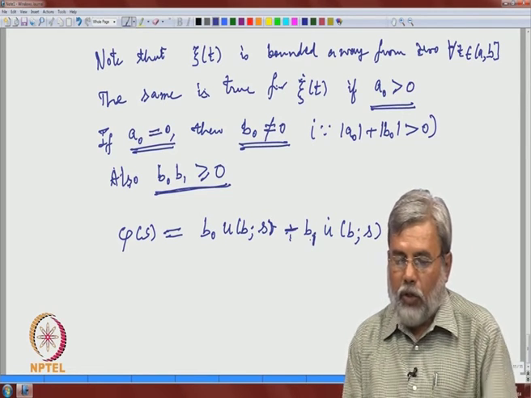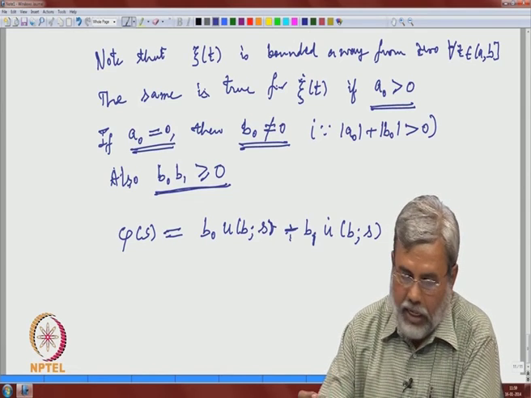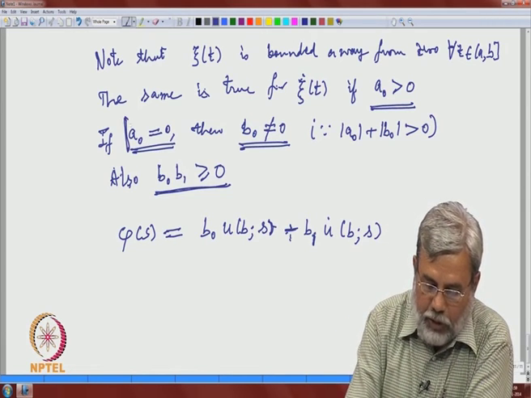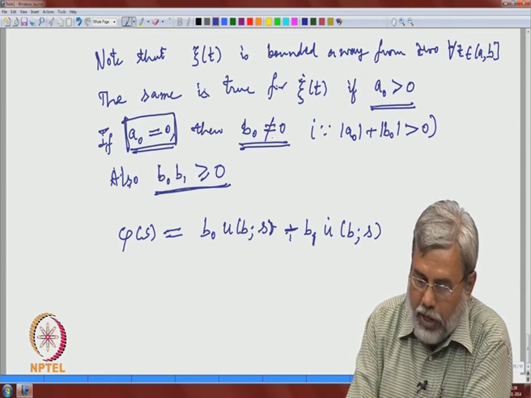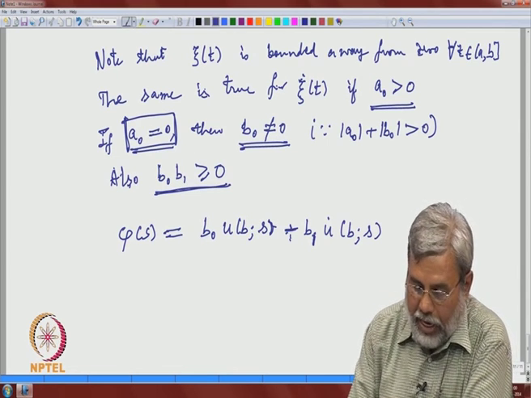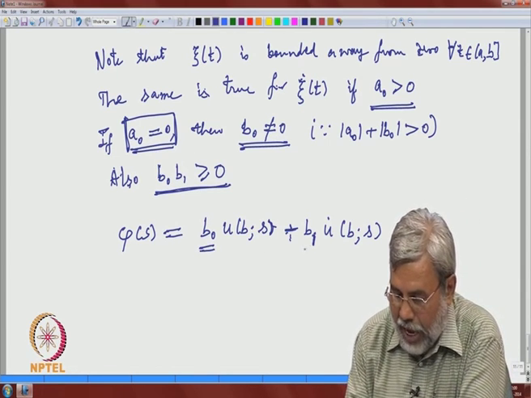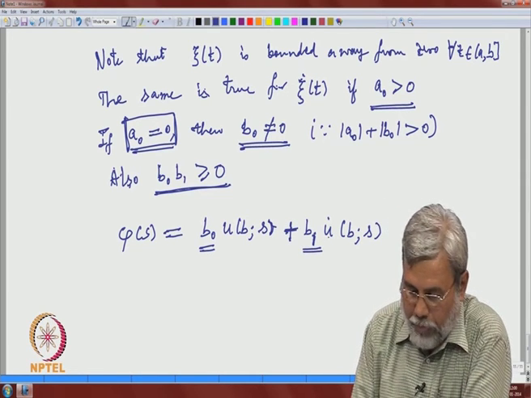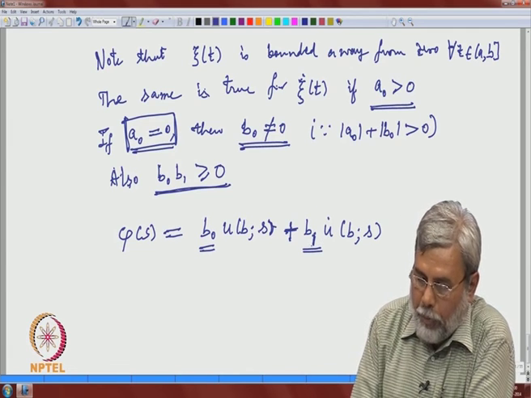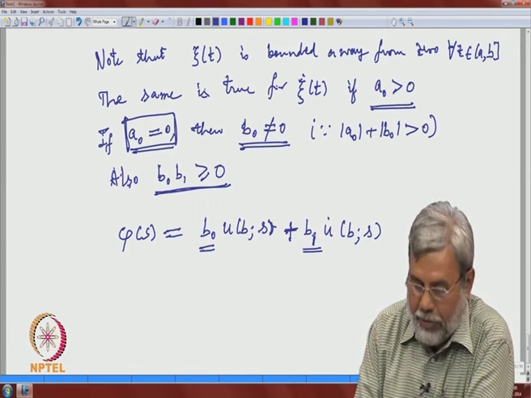So, our only concern now is what happens if A0 is 0. So, if A0 is 0, then B0 is not 0 and B0 and B1 have the same sign. So, if B1 is 0, that is no problem. If B1 is not 0, B1 and B0 have the same sign.